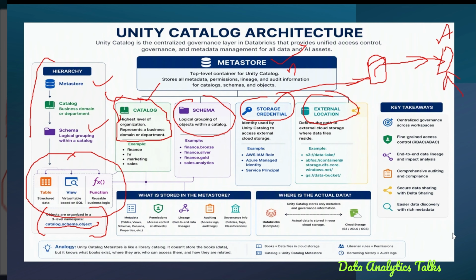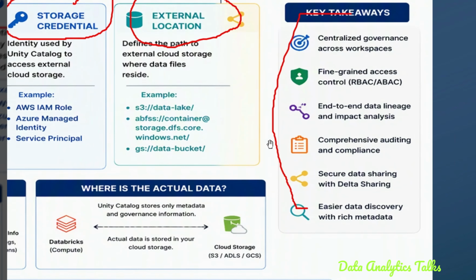First of all, Unity Catalog provides centralized governance across all the workspaces. Then fine-grained access control, RBAC, ABAC, end-to-end data lineage and impact analysis, comprehensive auditing and compliance, secure data sharing with Delta Sharing, and easier data discovery with rich metadata.